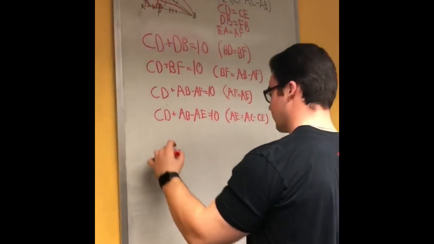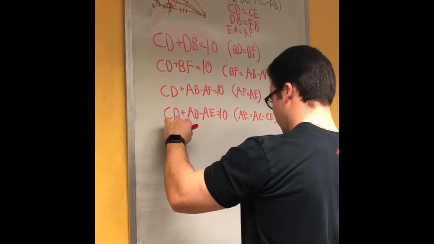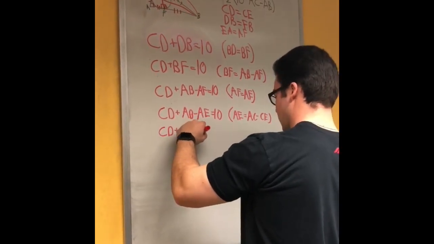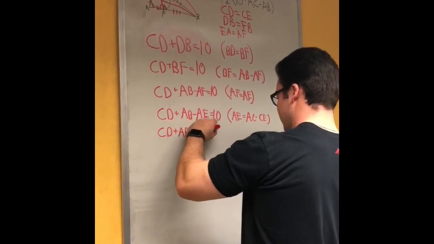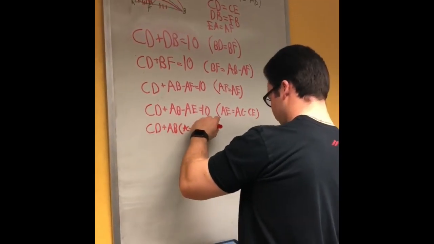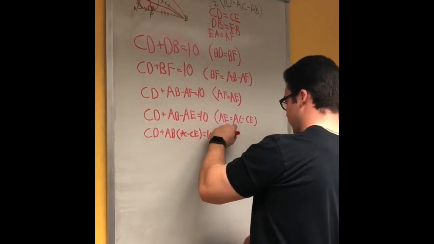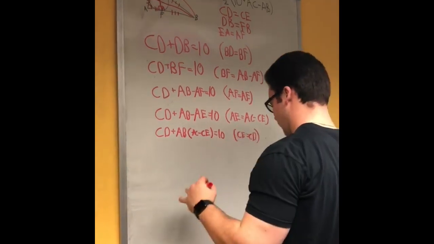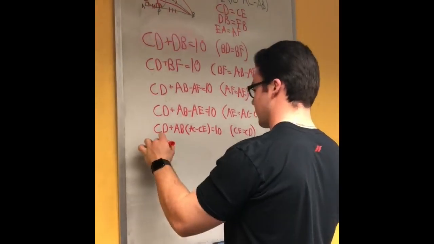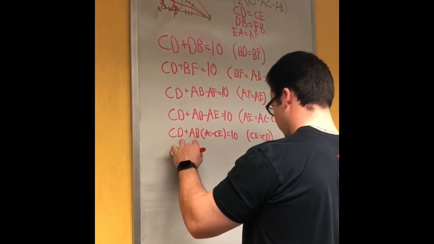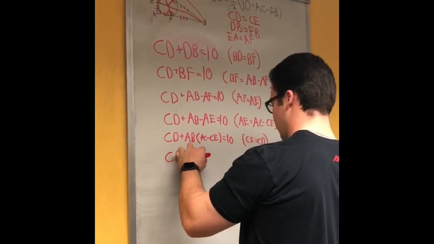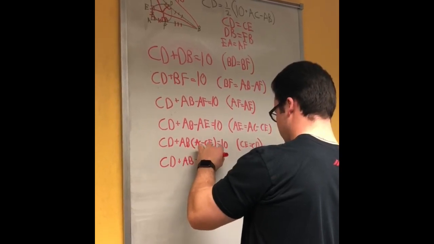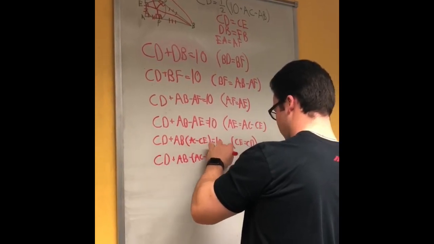So we can substitute that in and do CD plus AB minus (AC minus CE), and all of that equals 10. So we have CE equals CD. So finally, we can say that CD plus AB minus (AC minus CD) all equals 10.